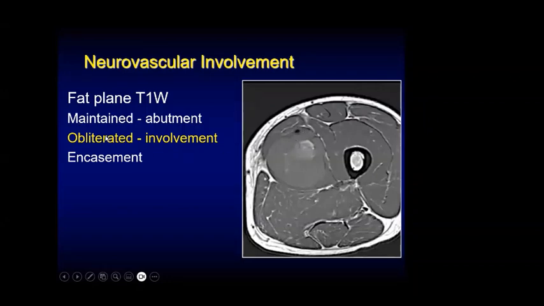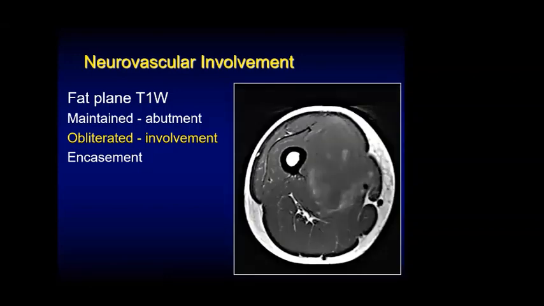This situation we call obliteration of the fat plane. And obliteration of the fat plane is bad news for the patient because surgeons may not be able to remove the tumor without sacrificing the artery, for example, in this patient.